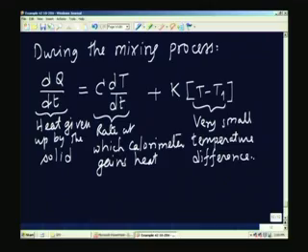So, what I can do now is to integrate this equation, from the start of the mixing process, t equal to 0, to t equal to te, let us say the end of the mixing process.